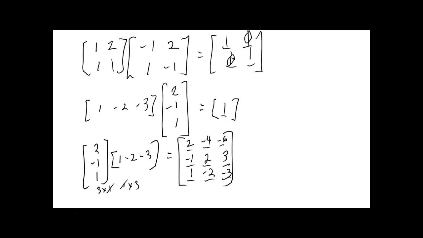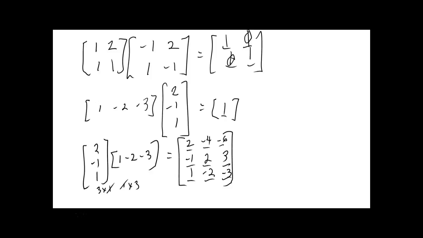Let's see if they got them right in the book. 2, -4, -6. Good. 1, -1, 2, 3. And 1, -2, -3. Yes, yes. We got it right. Or they did too. Okay? All right. So, guess what? We did these two matrices, and we commuted those, and you happen to be able to do that.